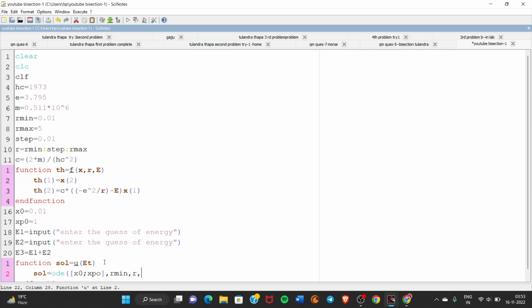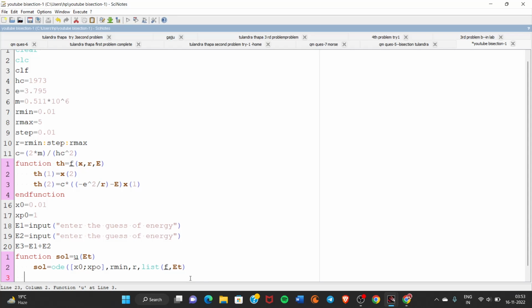Then we write a list naming the functions involved, that is the f function, and the variable E3, f comma E3. So this function is done now. This function's name is u.